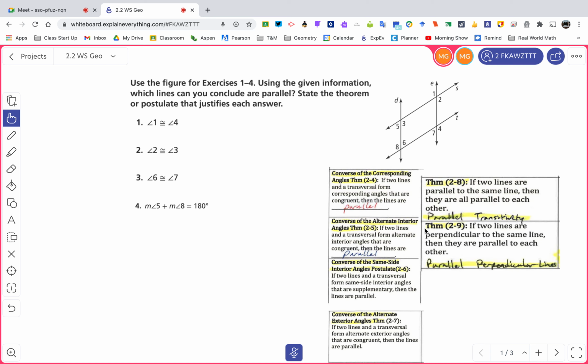We have the converse corresponding angles theorem. If you have corresponding angles and they're congruent, then they are parallel. Same thing for alternate interior. We've gone over same side interior. If same side is supplementary, remember that's the difference for this one.